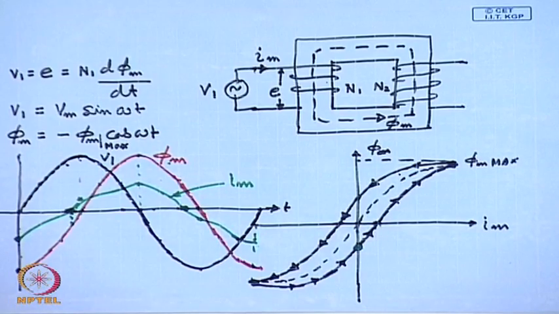This in phase component of the current supplies the losses due to the hysteresis. Of course, in a practical transformer, in addition to hysteresis loss, there will also be eddy current loss.